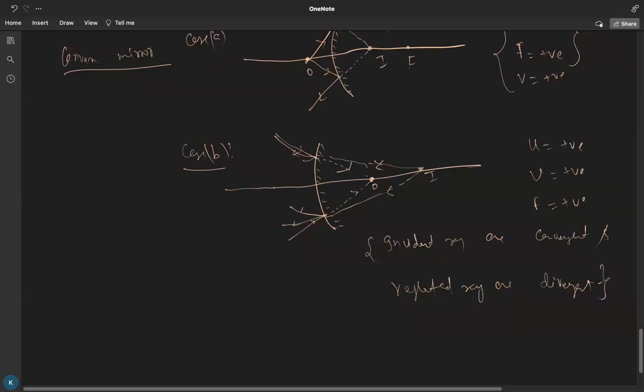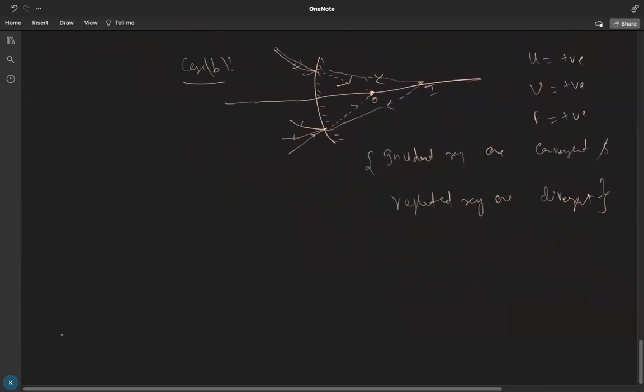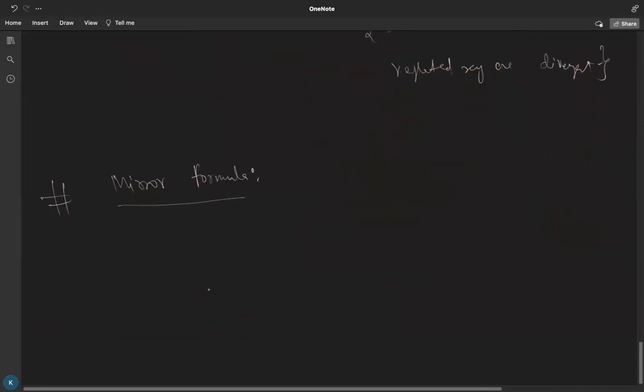Now we are going to learn a new concept, which is termed the mirror formula. This is very important for problem solving and numericals. Whatever formula we are deriving in this chapter is for the paraxial ray, which means we are assuming that the angle of incidence is less than 4 degrees.